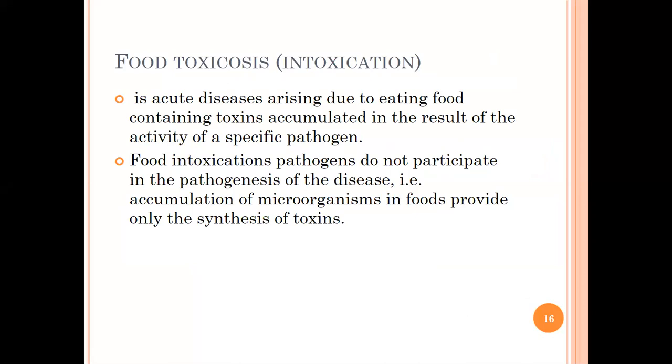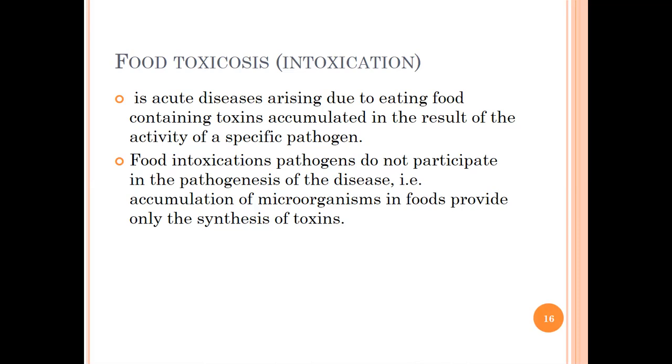What about food toxicosis or food intoxication? It's an acute disease arising due to eating food massively contaminated with toxins produced by specific pathogens. What's the difference between foodborne toxic infection and intoxication?